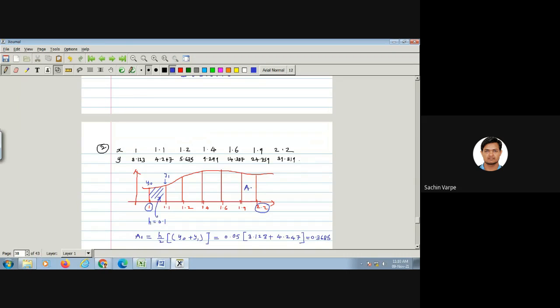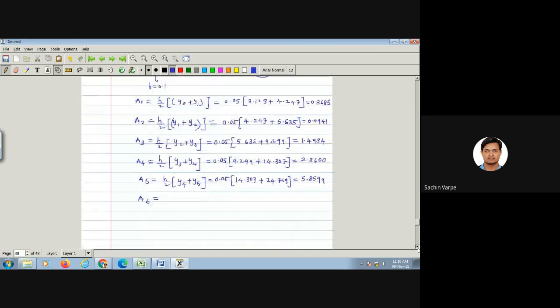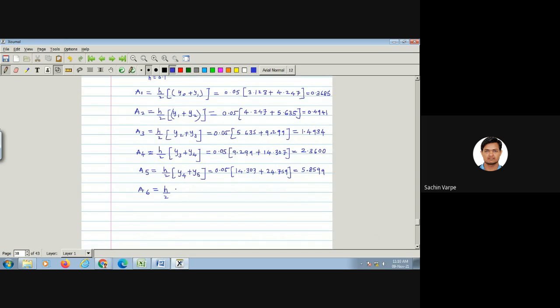This is A6, then A5, A4, A3, A2, and A1. So the last area A6 is h by 2, y5 plus y6, that is 0.05 into 24.759 plus 39.319. The answer is 9.6117.